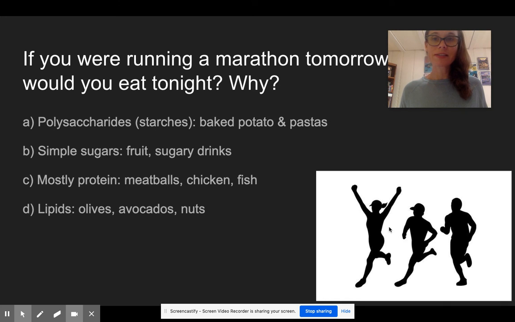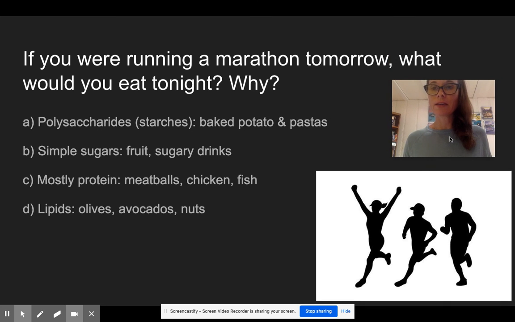Okay, so to wrap things up, let's go back to the question that we talked about at the beginning of this unit. So if you were running a marathon tomorrow, what would you want to eat tonight and why? I'm giving you some different choices this time though. So would you want to eat primarily polysaccharides like starches, baked potatoes, pastas, things like that? Would you want to eat a lot of simple sugars like fruit and sugary drinks?